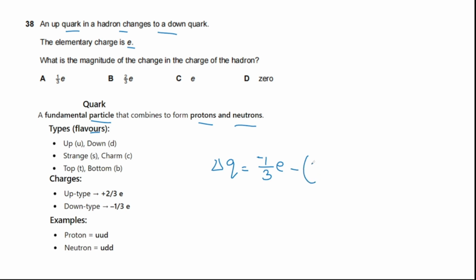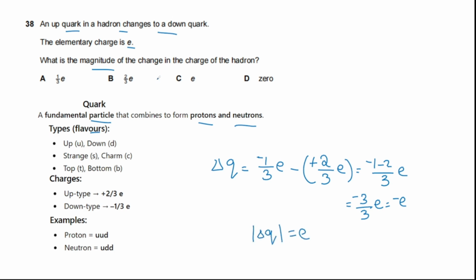For the up quark it is plus 2 by 3 e. After substitution, it is negative 1 minus 2, divided by 3. Taking e common, that is negative 3 divided by 3 e, which is negative e. This is the change, and what you need is the magnitude of it. So the magnitude of the change in the charge is e. So the correct option is option C.